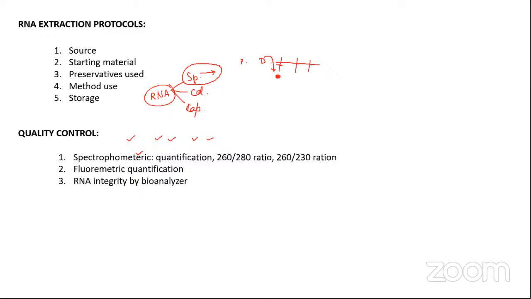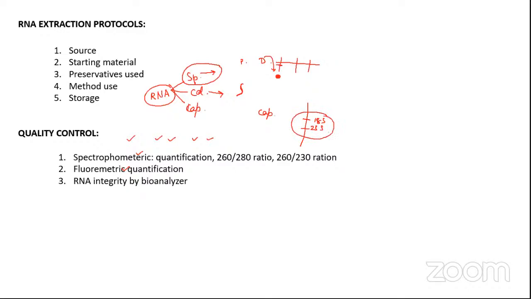Fluorometric quantification, what does this mean? It means that, using some fluorescent dyes, we are measuring the exact quantification of our intact RNA. So RNA integrity by bioanalyzer. So this is capillary based. When we run on the capillary, then we can see the specific two bands, 23S and 18S.